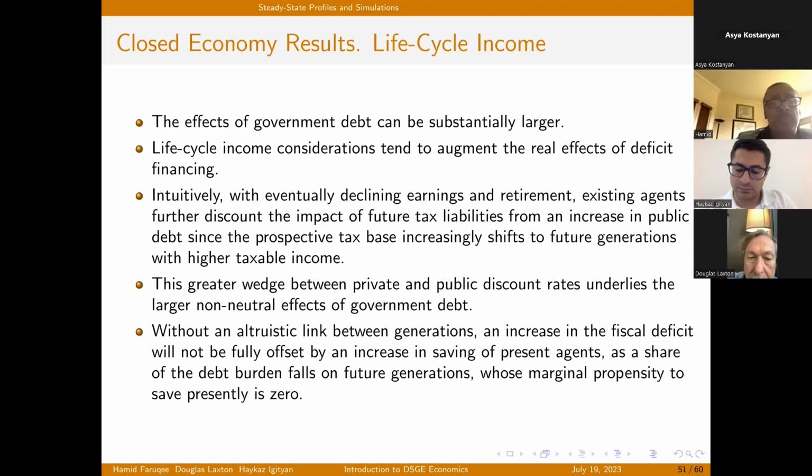And if private and public discount rates look fairly similar, moving that money between one or the other doesn't really matter, and you're close to that neutrality result. Once those public and private discount factors differ, once you start moving money between the government's intertemporal budget constraint and the private sector's intertemporal budget constraint, you're going to get those non-neutralities in terms of implications for other macro variables.